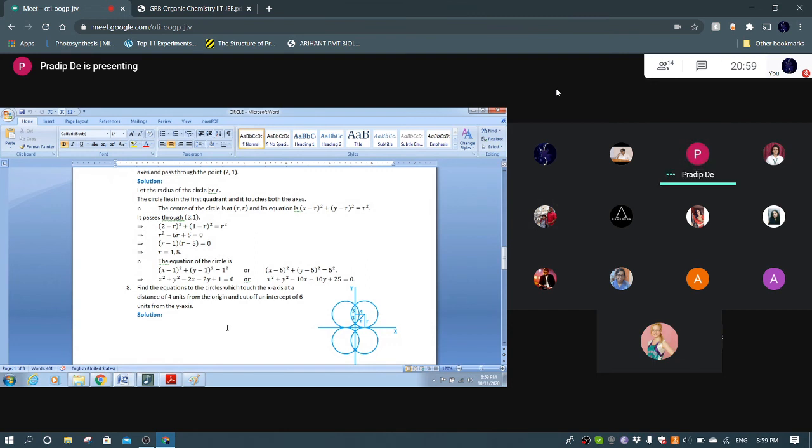And the ordinate we don't know. Can you find out r?